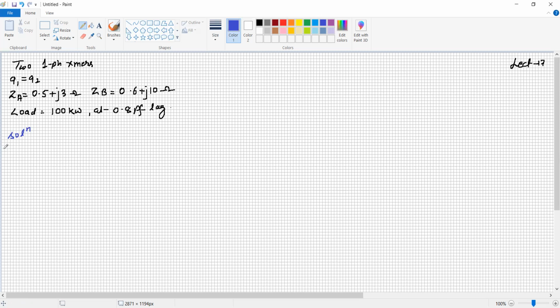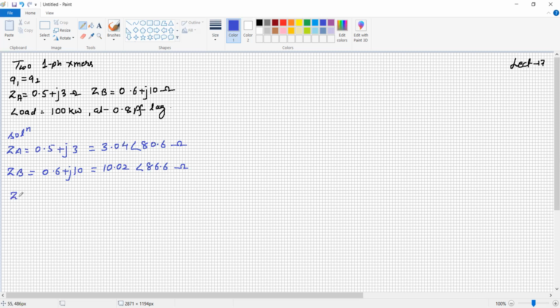Now, given that ZA is equal to 0.5 plus j3, it is equal to 3.04 at an angle of 80.6 degrees ohms. ZB is equal to 0.6 plus j10, which is equal to 10.02 at an angle of 86.6 degrees. These are the impedances.